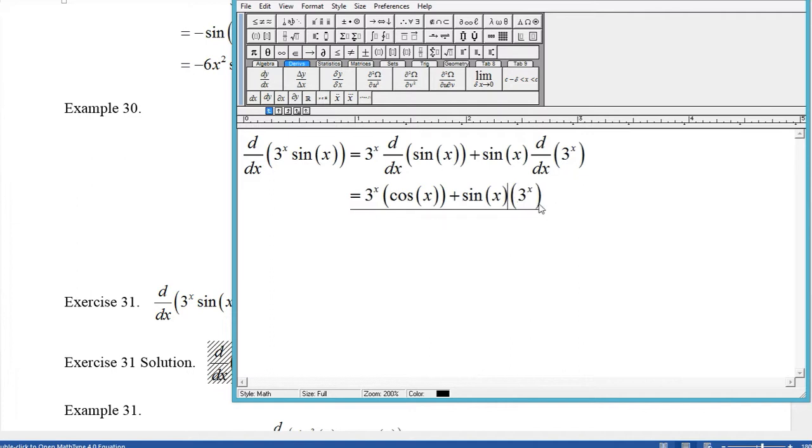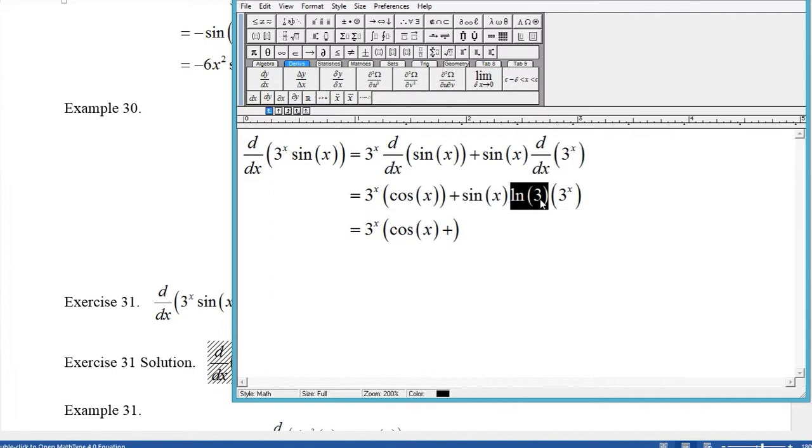And we do this derivative, we get the original function times the natural logarithm of the base, because that's an exponential function. Now they both have a 3 to the x, so I'm going to put that out front. And then we have parentheses, what's left? Well, we have a cosine x, and then we have a plus sine x and an ln of 3.